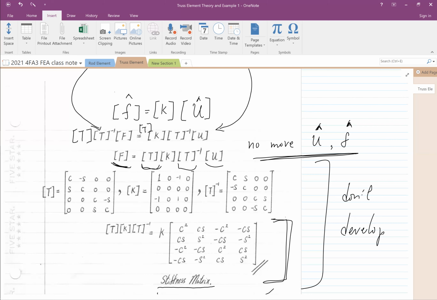Hide the answers that I provided and work on it on your own. Why did I jump from this step to the next step? And how do I go from step 2 to step 3? So review notes on week 0, rod elements and truss elements, and finish one homework in the assignment section.